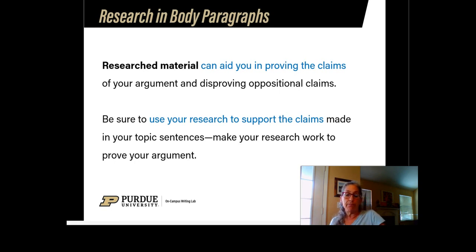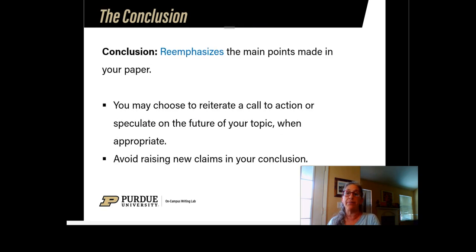So you always want to make sure that you are first presenting the reader with your position, your claim, your supporting idea, and then using the evidence to support those ideas that you make first.